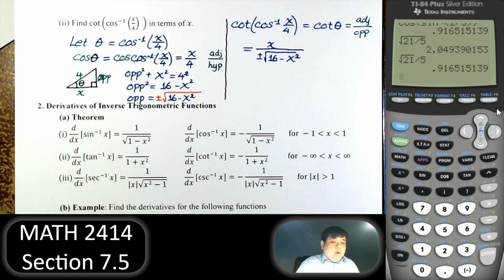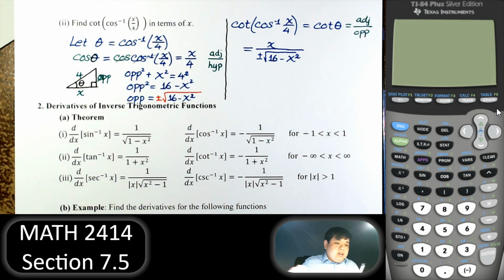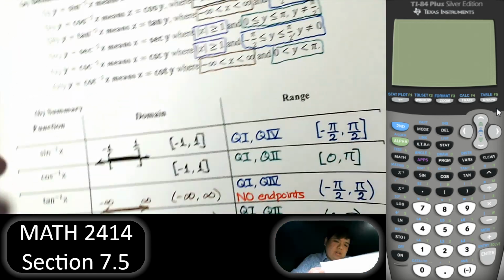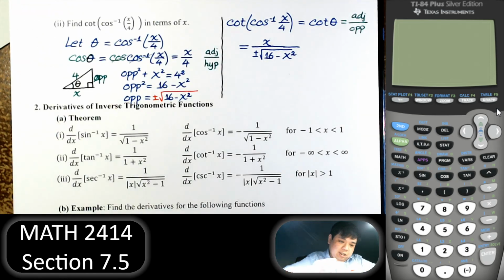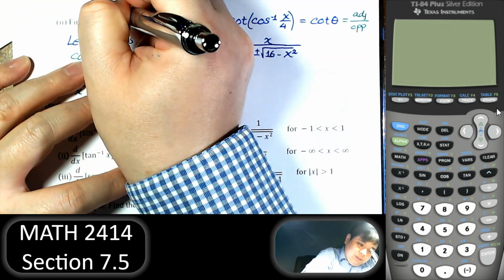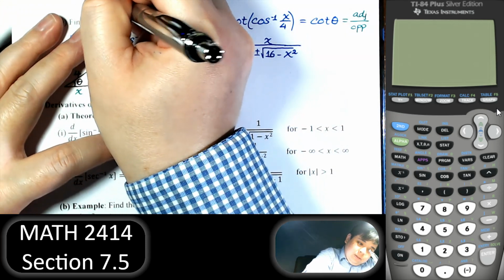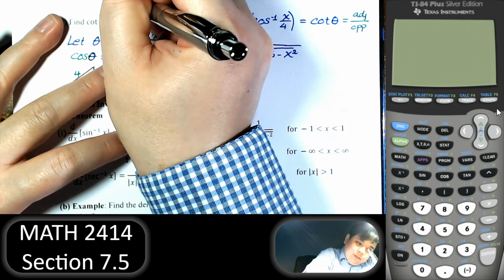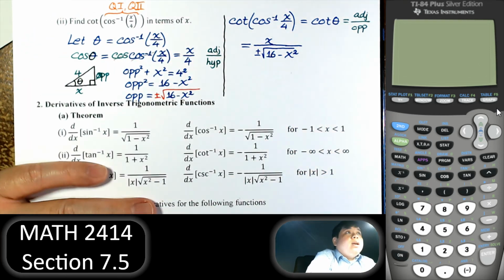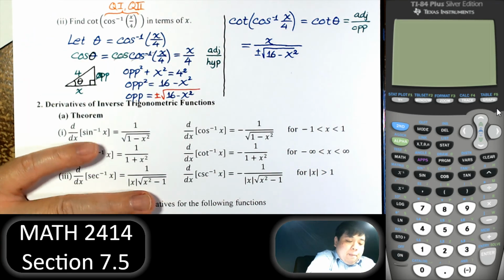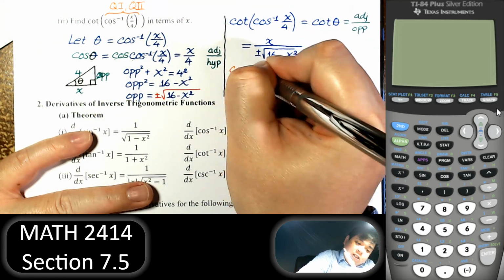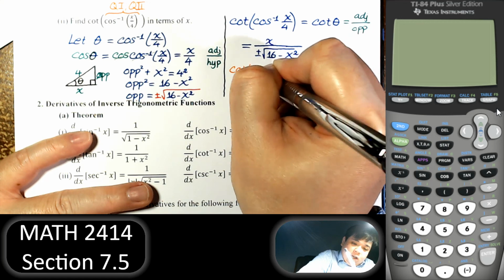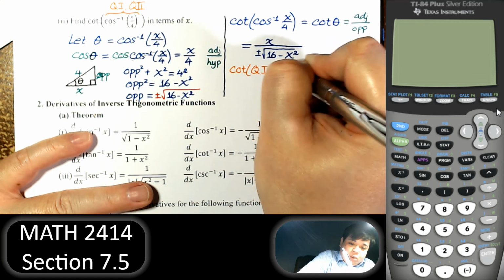Now, is this going to be positive or negative? What is cosine inverse? Cosine inverse is quadrant 1 and 2. So we have cotangent of something in quadrant 1 and quadrant 2.